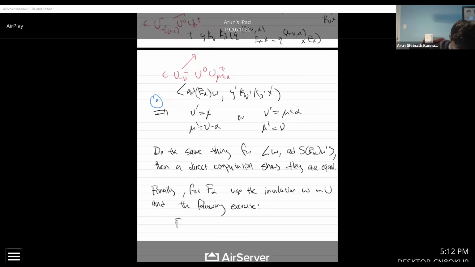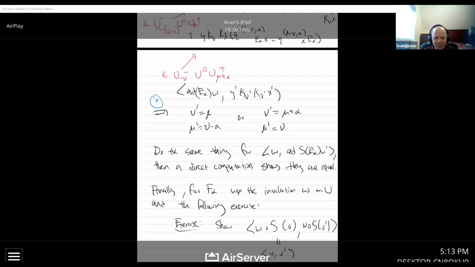So exercise: show that the composition of the involution with the antipode doesn't affect the form. And this w here is actually an omega. Right. Okay, so this shows that our form is invariant.